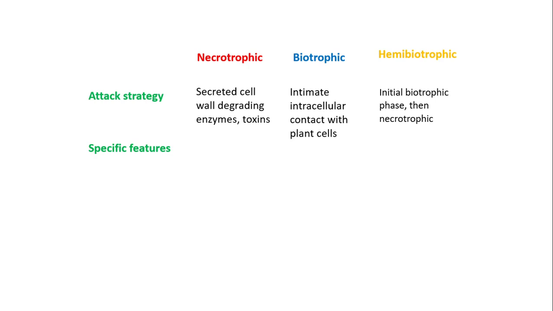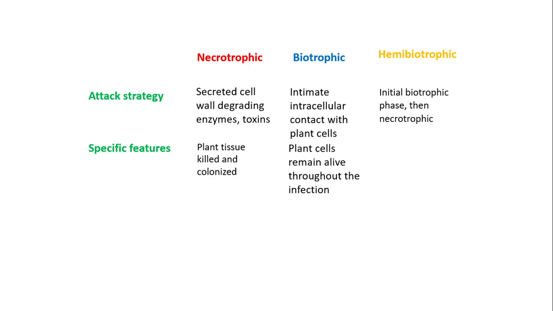The necrotrophic fungi are the fungi which first kill the cells and then feed on the cell material. However, biotrophic fungi get the food from the living cells, and hemibiotrophic fungi get the food from the non-living as well as living cells.